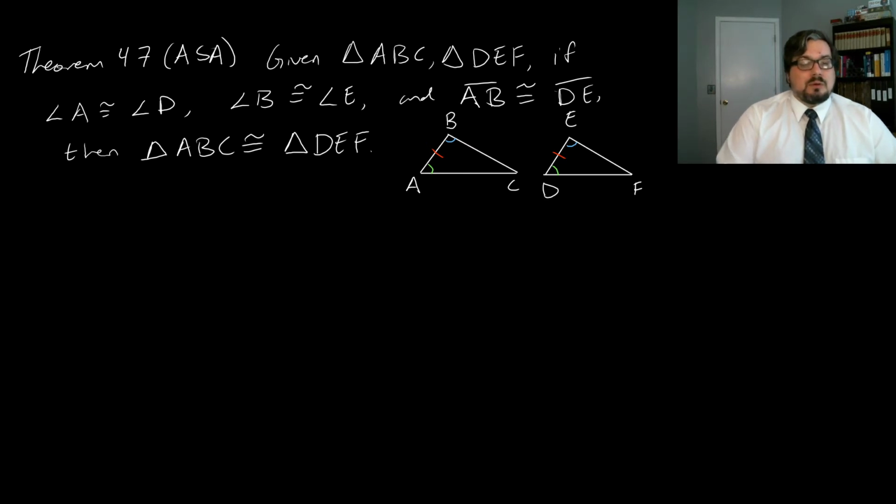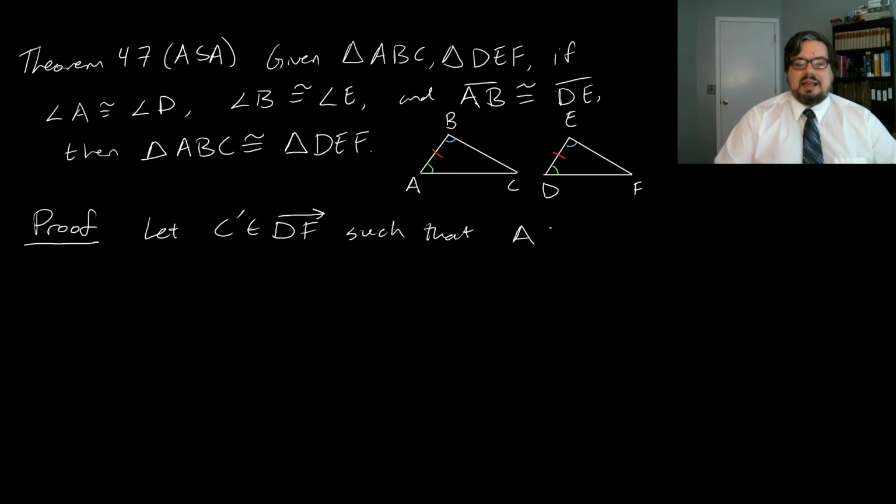So what we're going to do is the following. We're going to basically see, well, what happens if the segment AC is not congruent to the segment DF? So let C prime be in the ray DF such that segment AC is congruent to segment DF.